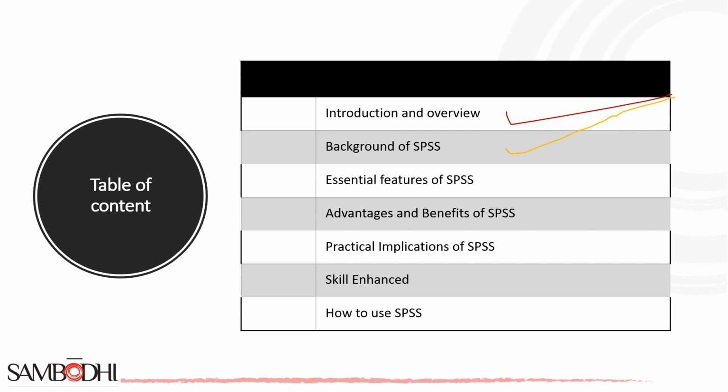For example, we have collected data from two or three states of India, and we want to know the demographic analysis. It will give us a very beautiful representation of how many males and females there were, their educational criteria, how many of them were married or unmarried, and their income criteria. This is a very unique feature of SPSS.